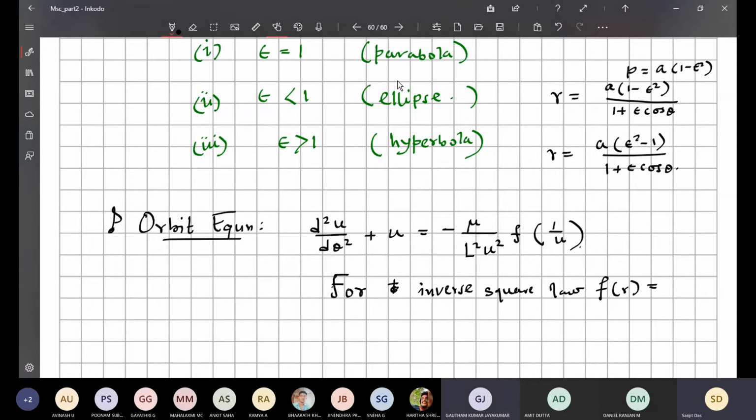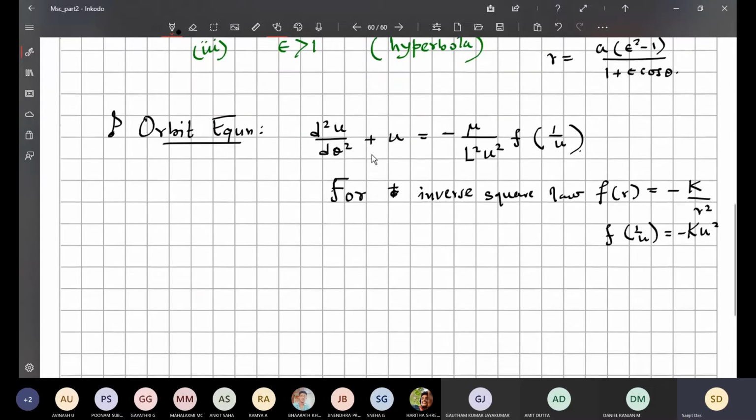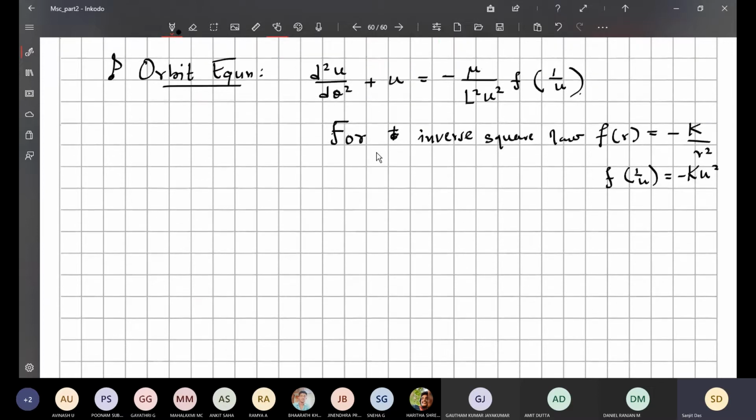Inverse square law. K over r squared. Yes, instead of k, I will put a negative sign with capital K, because it is attractive. So I can write f of 1 by u is equal to minus capital K u square. If I feed this into the above one.